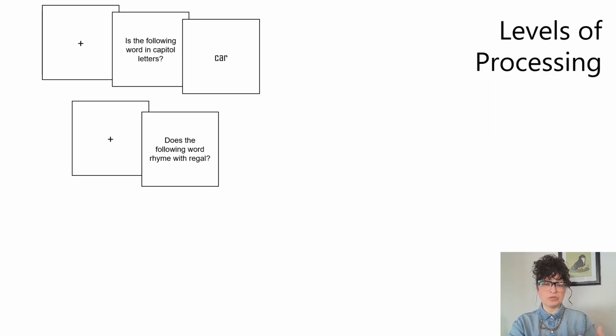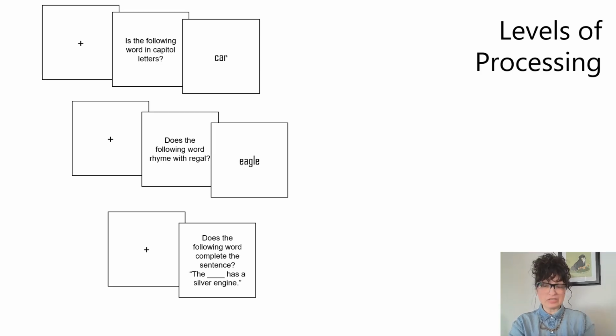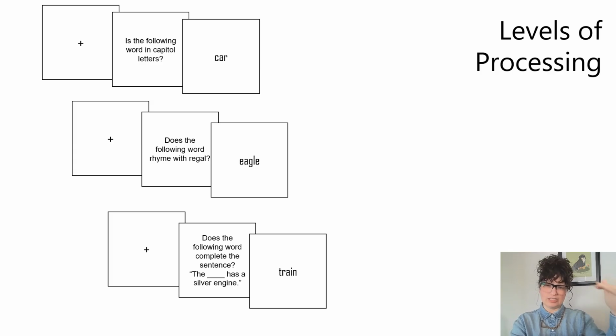So, does the following word rhyme with regal? Eagle? Yes. In other trials, they were asked to think about the meaning of the word. So, does the following word complete the sentence? The blank has a silver engine, train? Yes.